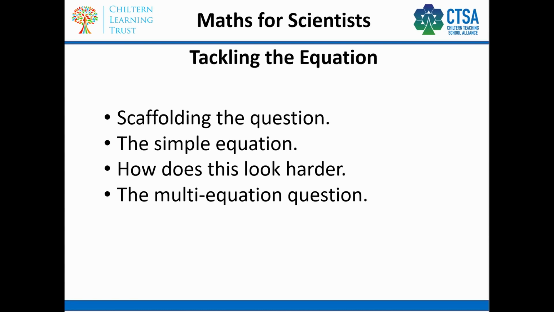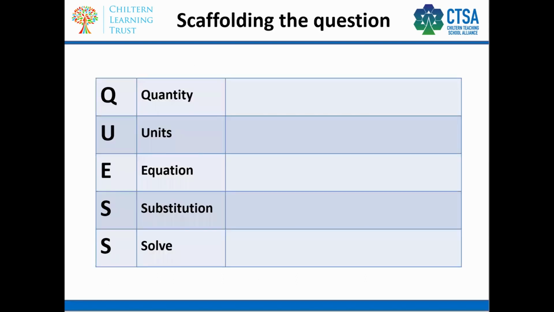So whenever we teach students how to answer a quantity equation question, we use the mnemonic QUESS. So the Q stands for quantity, the U for units, the E for equation, the S for substitution, and the second S for solve.